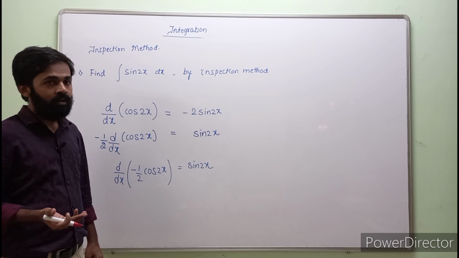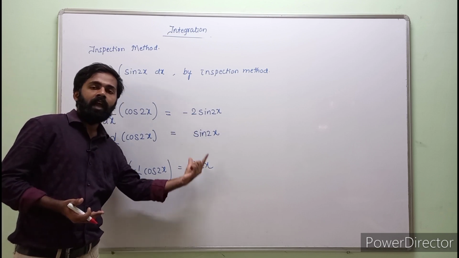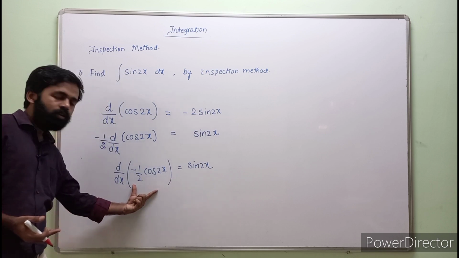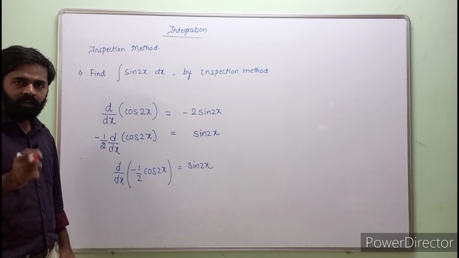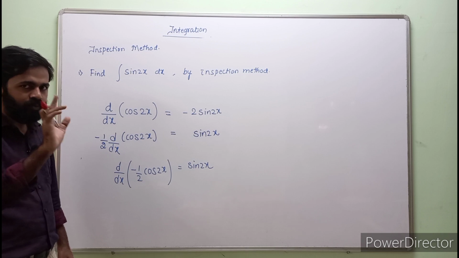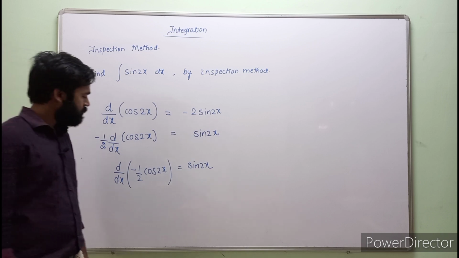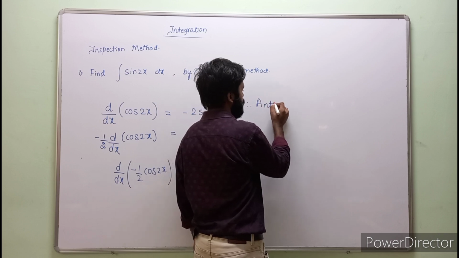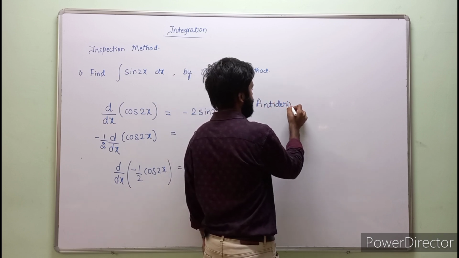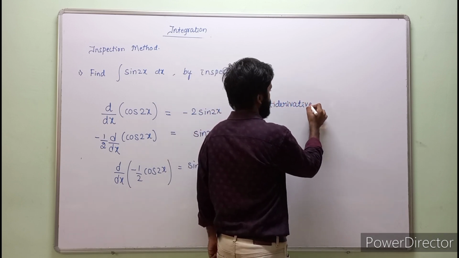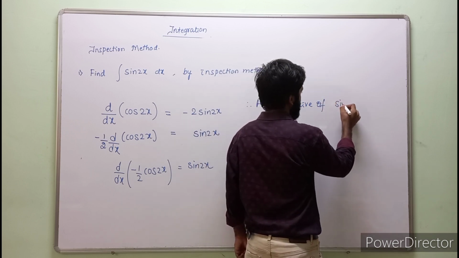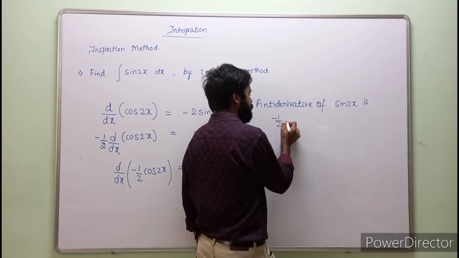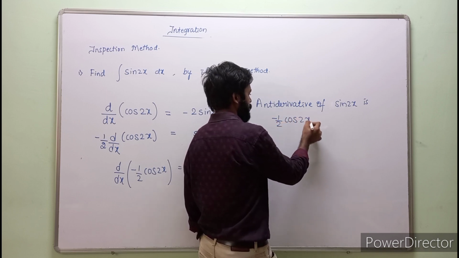This means the integration or antiderivative of sin 2x should be equal to minus 1 by 2 cos 2x, because I told you integration is the reverse process of differentiation. So I'll write here: therefore, antiderivative of sin 2x is minus 1 by 2 cos 2x.